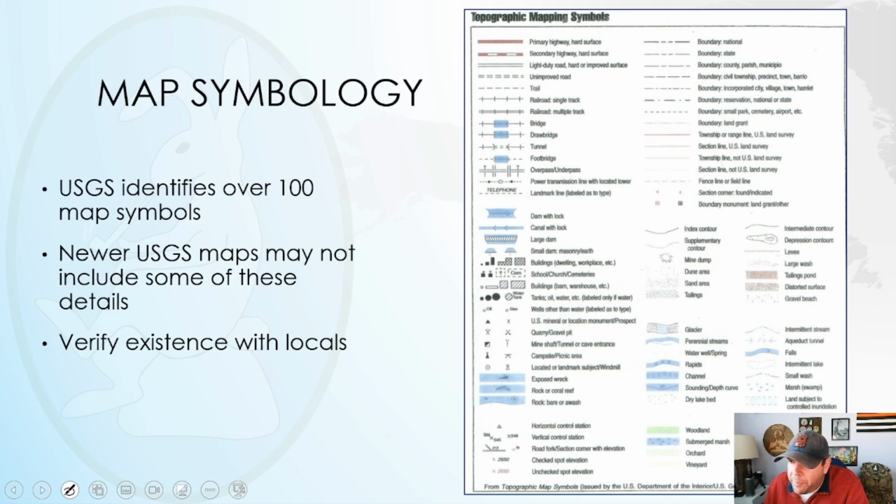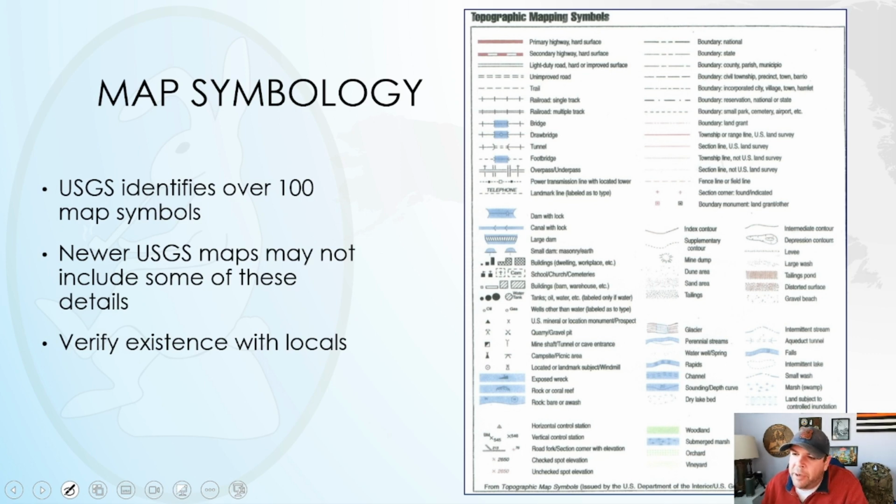If you're utilizing an older map, you want to make sure that you can verify the existence of some of those features. The maps that we used on the last team I was on were dated in the 1950s. I would imagine now in 2023, that's probably changed quite a bit, and so some of that may not be there anymore. It may not be well represented.